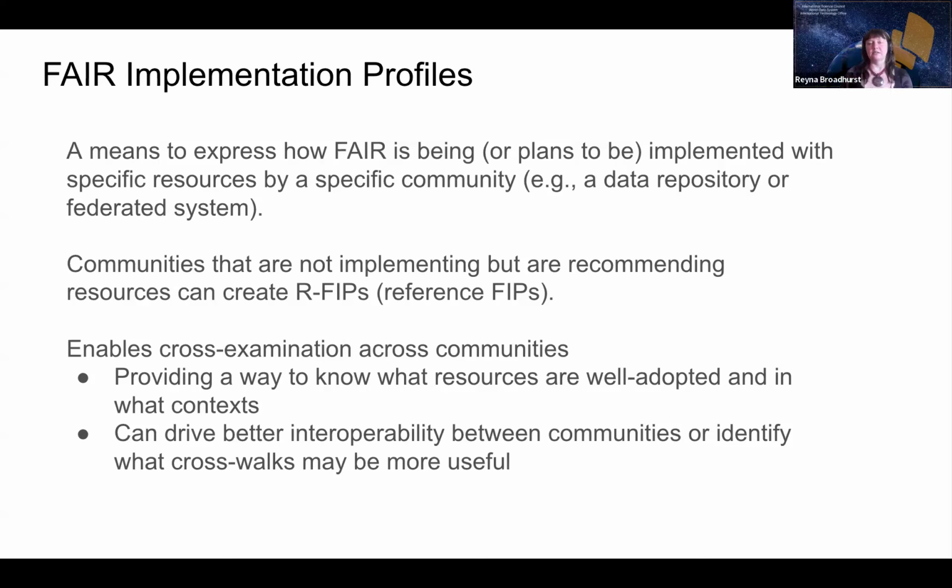Which ones are not? Do we need more crosswalks? How can we drive interoperability even further now that we can see what people are using? It's also useful as a resource for newer emerging data systems that want to make sure they're using best practices. They can already see what is being well adopted out there.